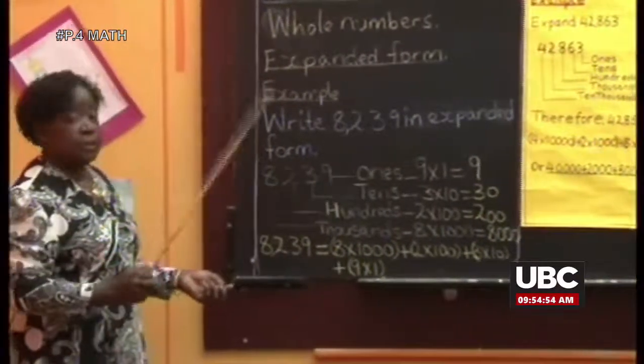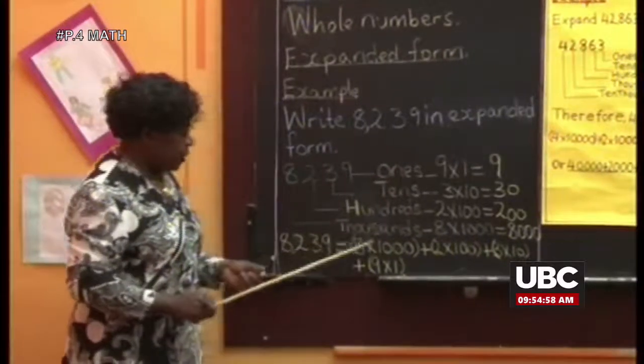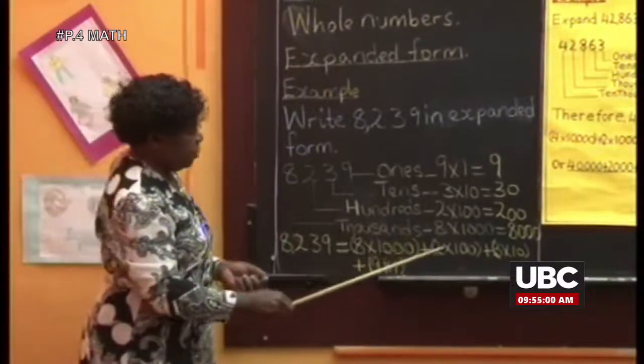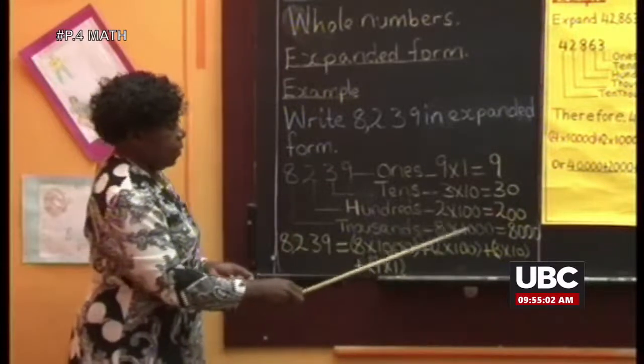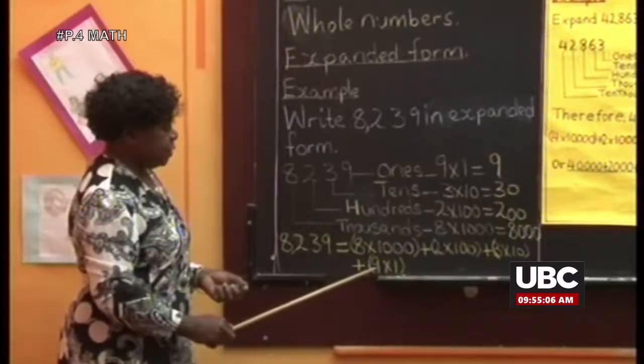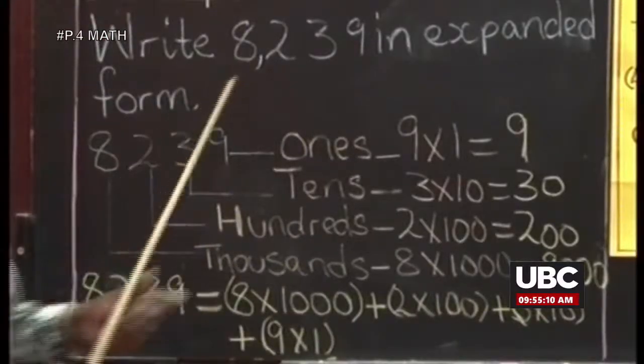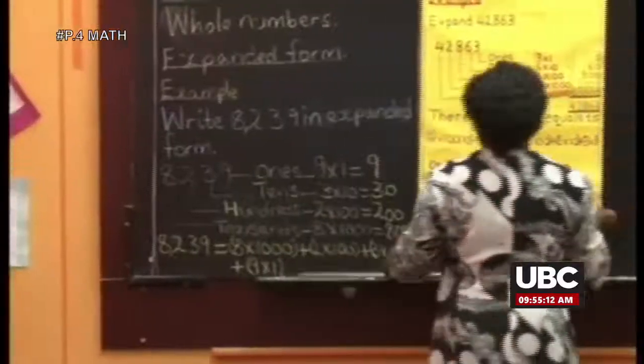So our answer in expanded form is 8 times 1,000 plus 2 times 100 plus 3 times 10 and plus 9 times 1. We can also write it in another form.